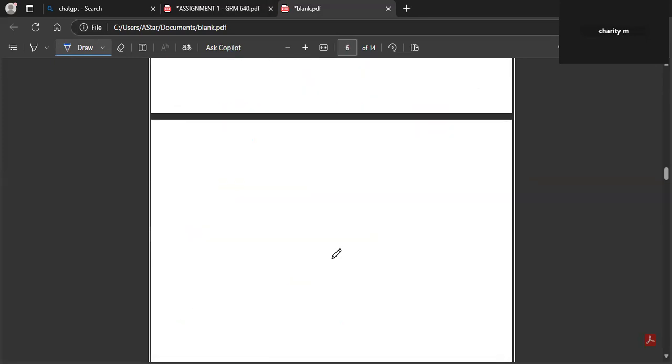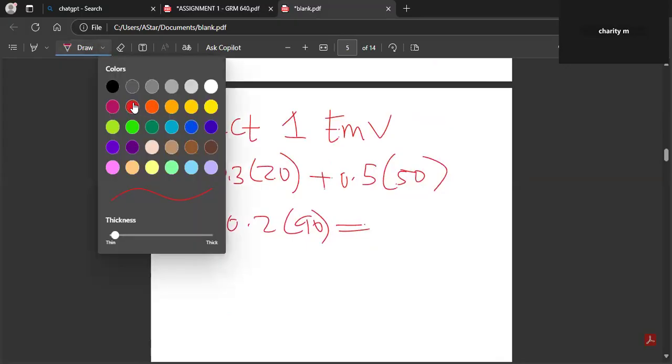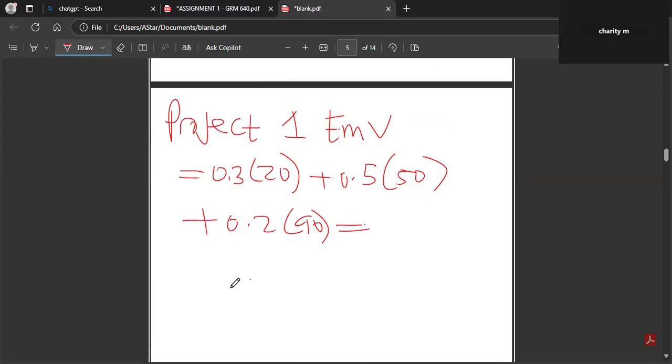So this one will give us what answer? 0.3 by 20 plus 0.5 by 50 plus 0.2 by 90 is 49.